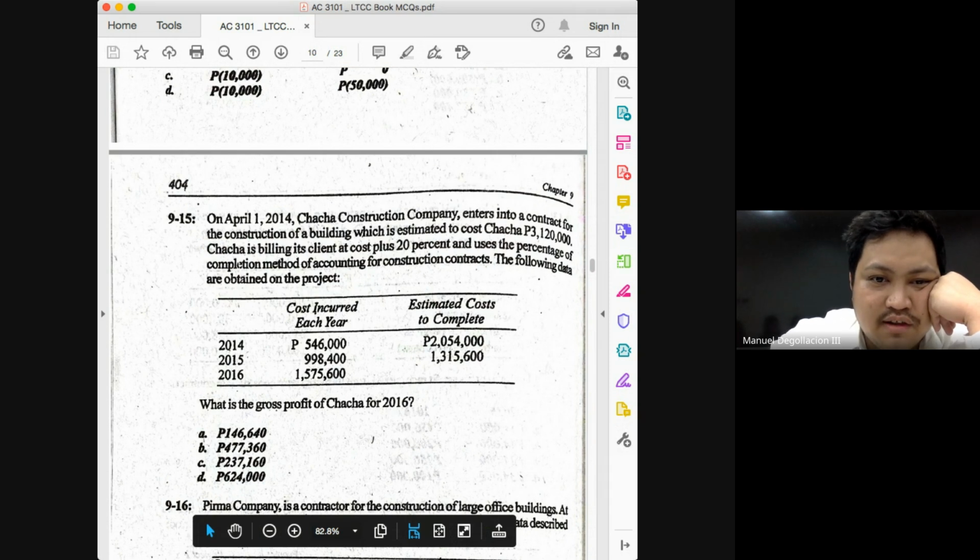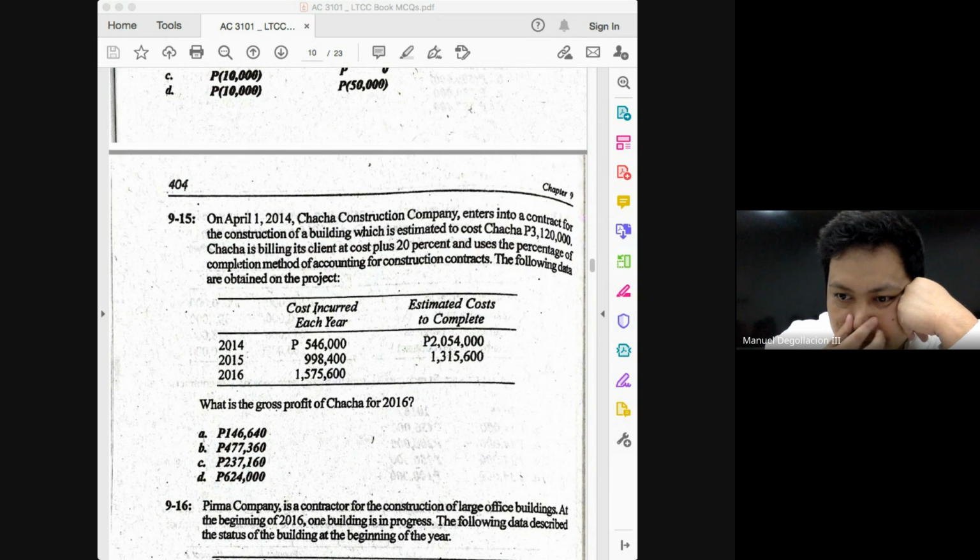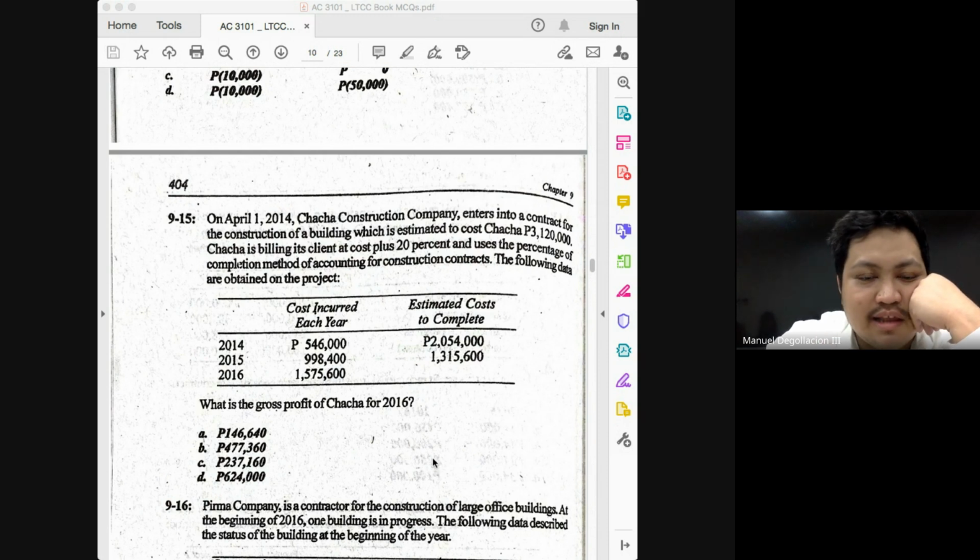Class, can you add all the total cost, class, from 2014 to 2016? Is it 3,120,000? And then how much is 20%?